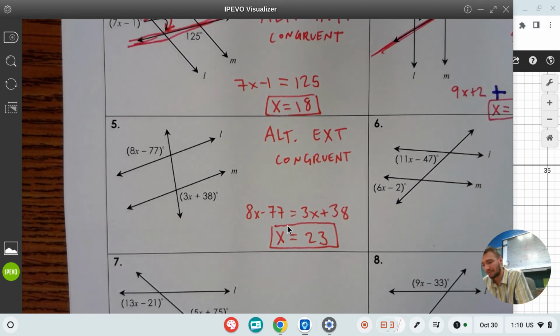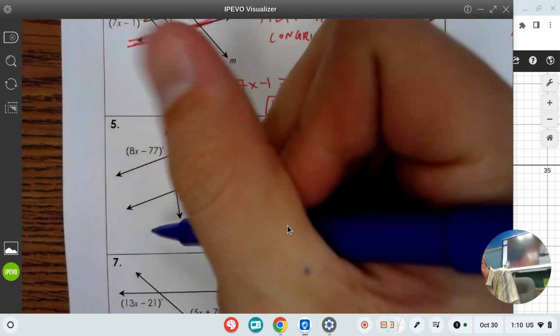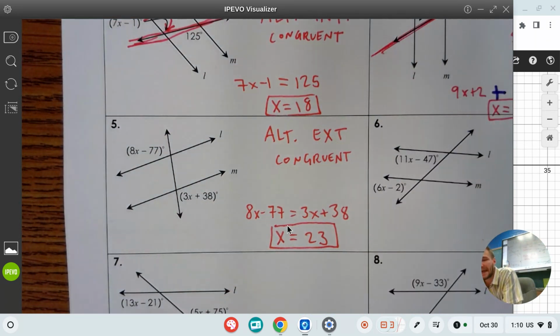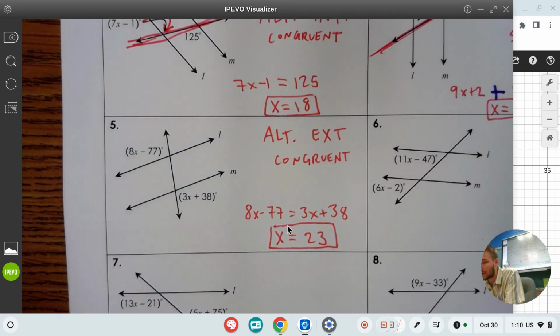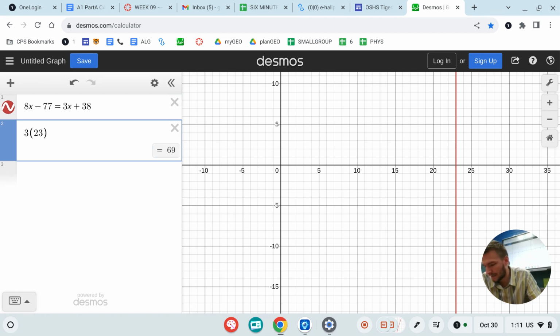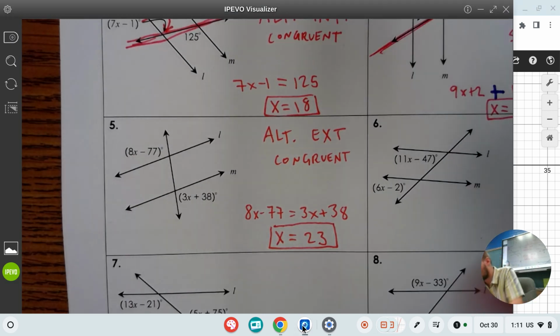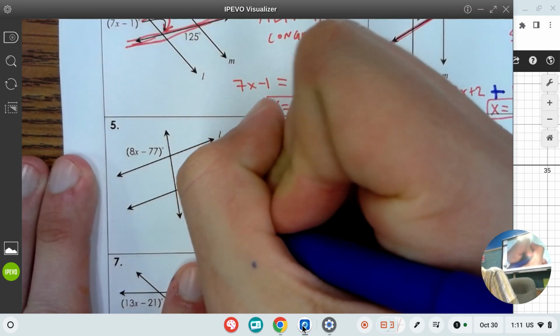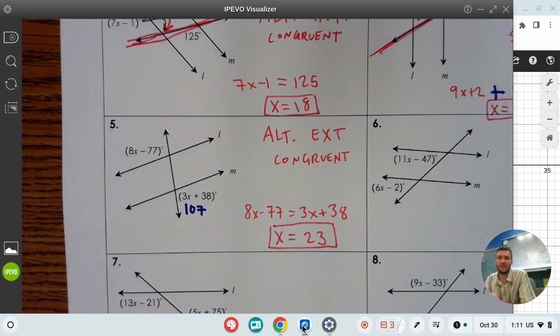It's possible that the homework or the classwork might say solve for the angle measure. Because we don't know what the angle measure is for this question. If we needed to solve for the angle measure, that's when you do 3 and you type it in with the 23 plus 38 is 107. So this is where we figure out the angle measure itself is 107.